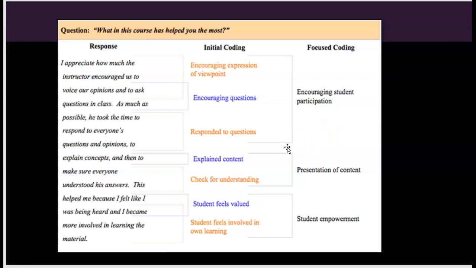And the process of coding is when you start to have ideas about what theme you could be developing. What is it that is common to the participants when they're talking about this? What is uncommon?